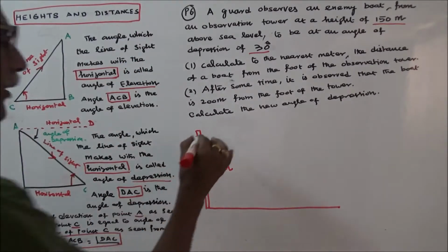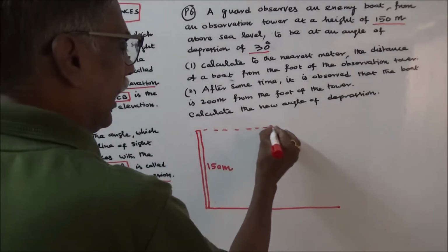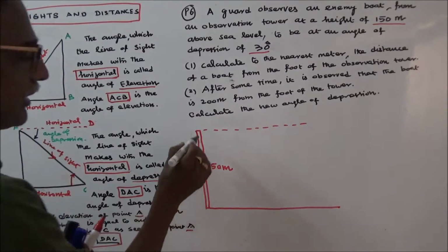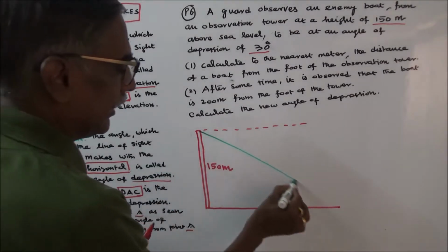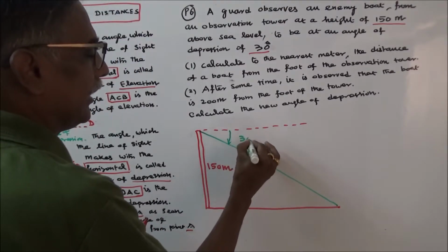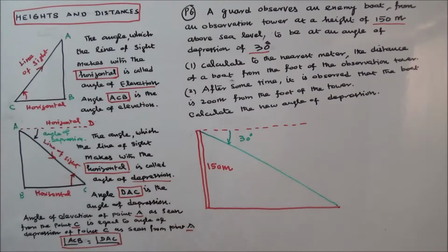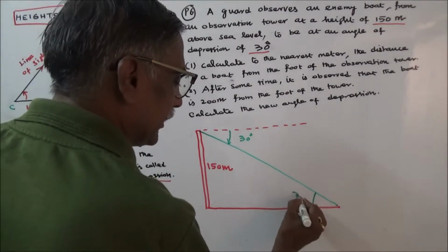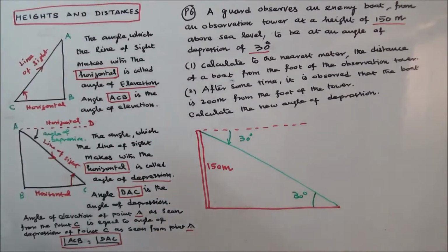This is a horizontal line, and this 30 degrees is called the angle of depression. This is also 30 degrees.